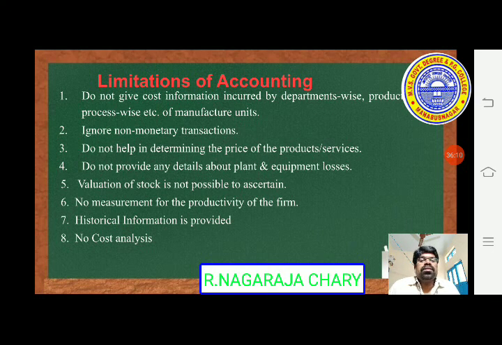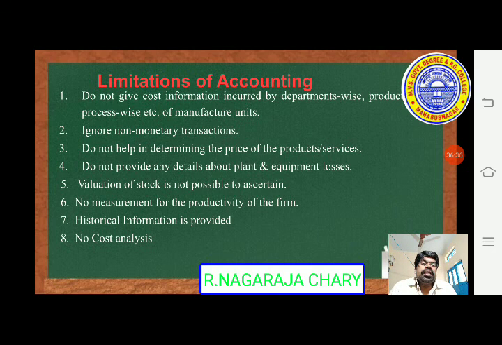Okay, right. Next, do not help in determining the price of the products and services. So financial accounting information may not help us determine the price of the products and the services. So we are not ready to determine the price of the product by using financial accounting. So that is the limitation of accounting.